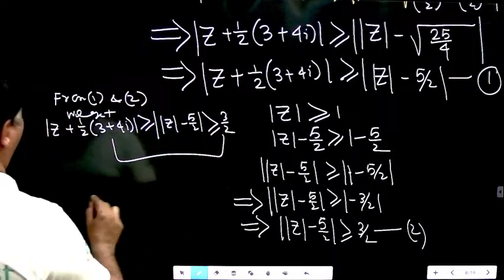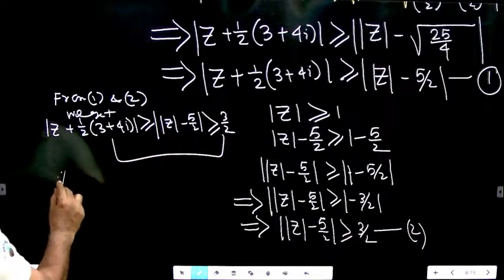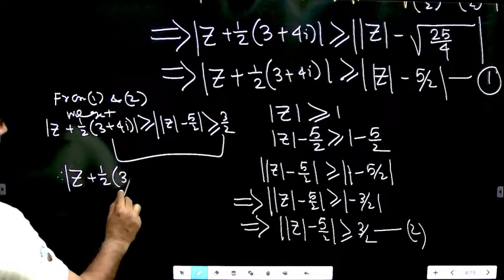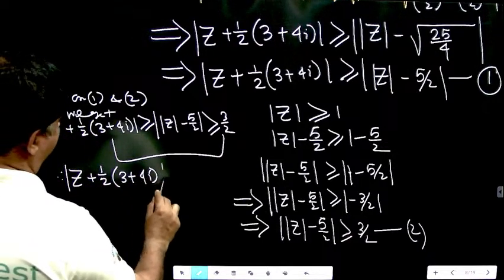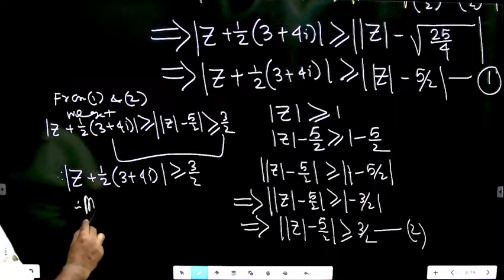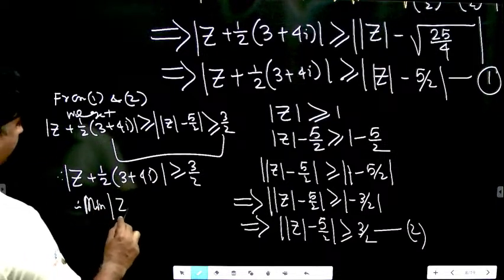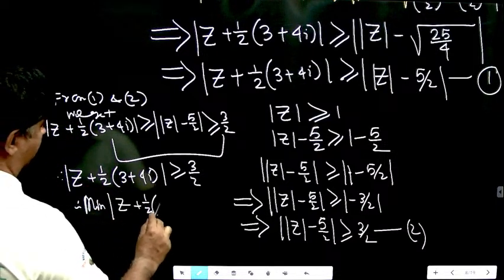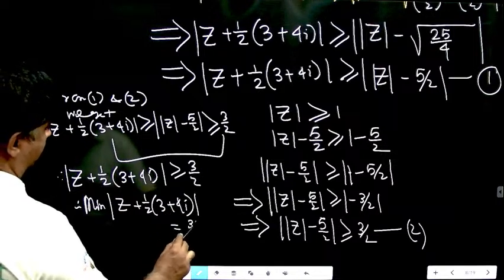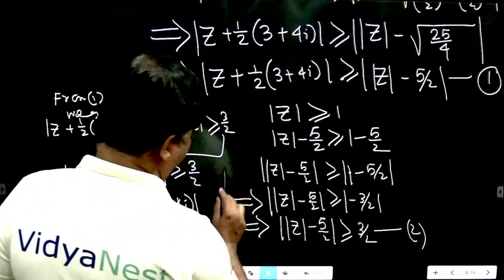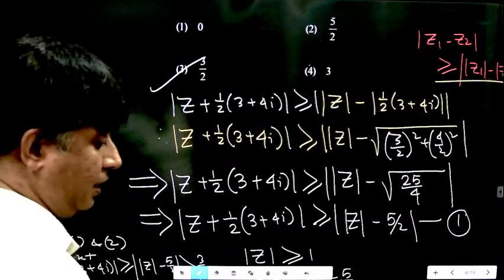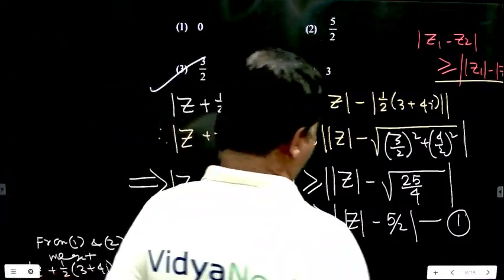So we have got, joining these two, so the minimum value of P by 2. Option C. Your answer was right. Okay.